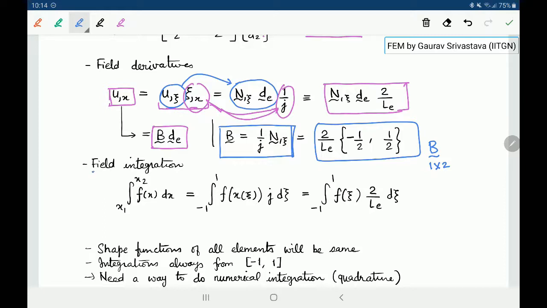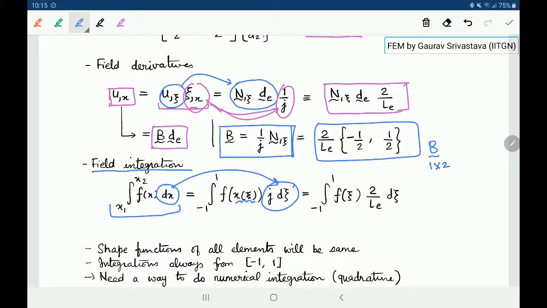Okay, now the integrations can also be converted. So an integration in x, which is from x1 to x2, basically the element integration, can be now converted into psi space, where x can be written as a function of psi, and this dx becomes j times d psi.